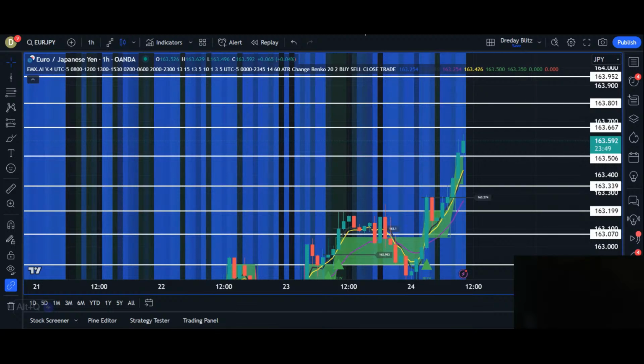And make sure to trail your trades, guys. It's good to see profit, but you need to secure profit. That's the basic of trading. So just trail if you had a stop loss, just trail your stop loss at least to break even or a bit more in profit, and use the zones as your trailing stop.